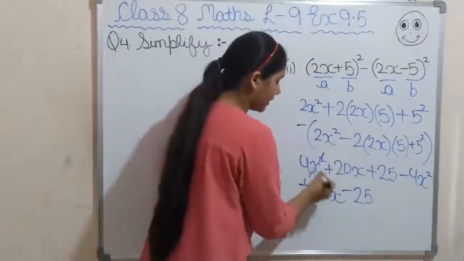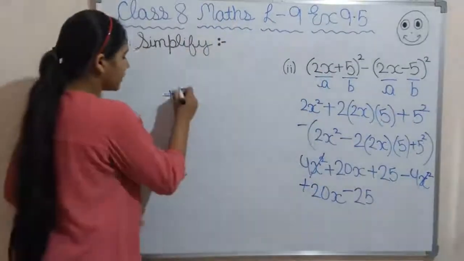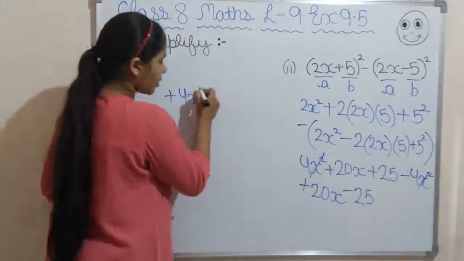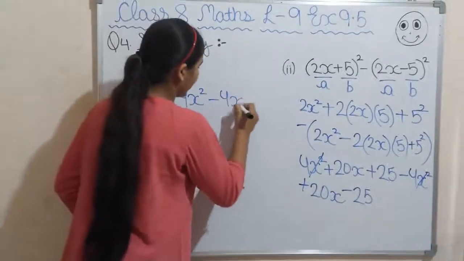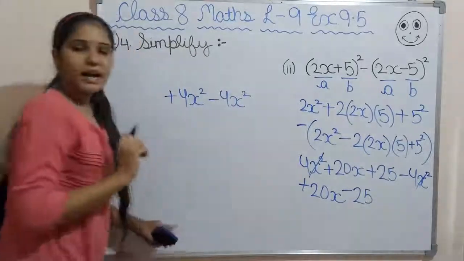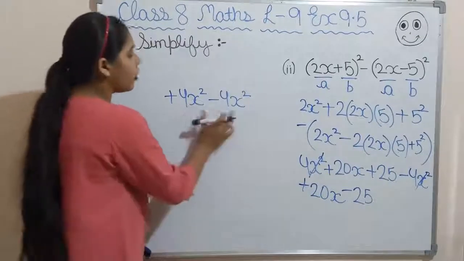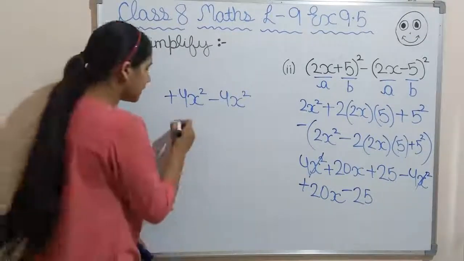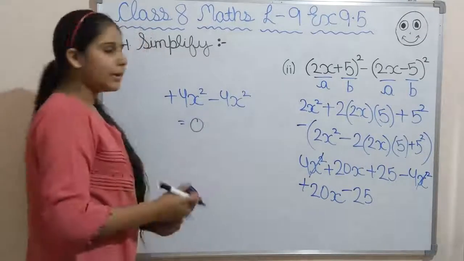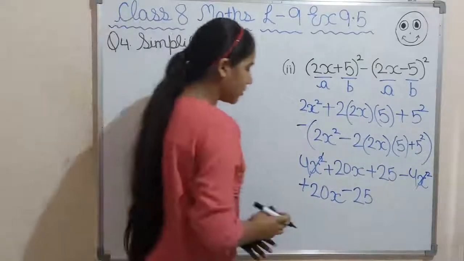So we are going to cut it down. Why are we going to cut? Because plus 4x square minus 4x square is already 0, so it will be cut, and nothing will be the answer for this.